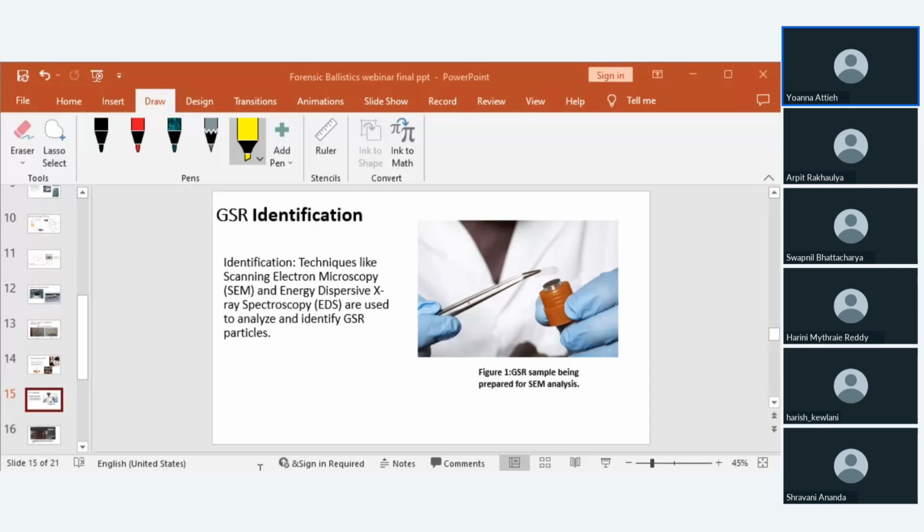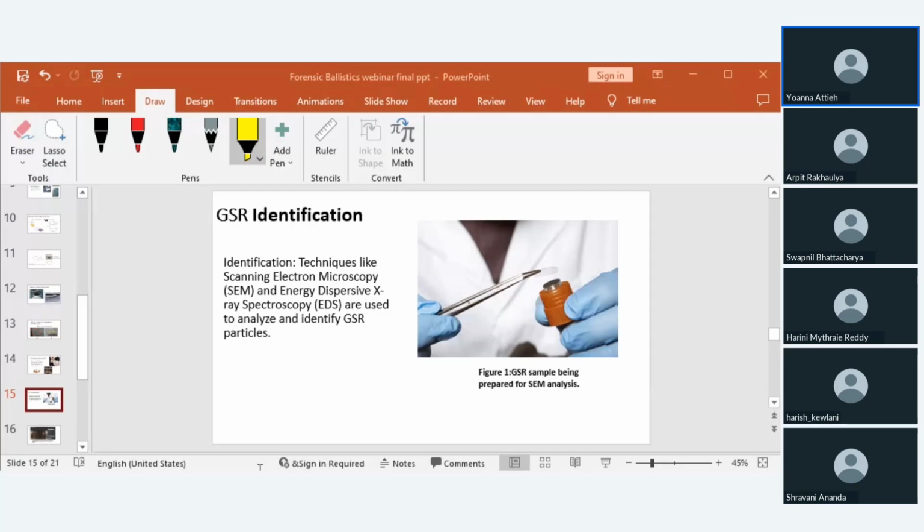The primary ingredients are central to the detection of GSR because they are the source of particles that contain elements like barium, lead, and antimony. So the primary explosive compound is often lead styphnate, while the oxidizer and reduction products include barium nitrate and antimony sulfide. Together, these compounds form the foundation of the evidence we look for during a GSR investigation.